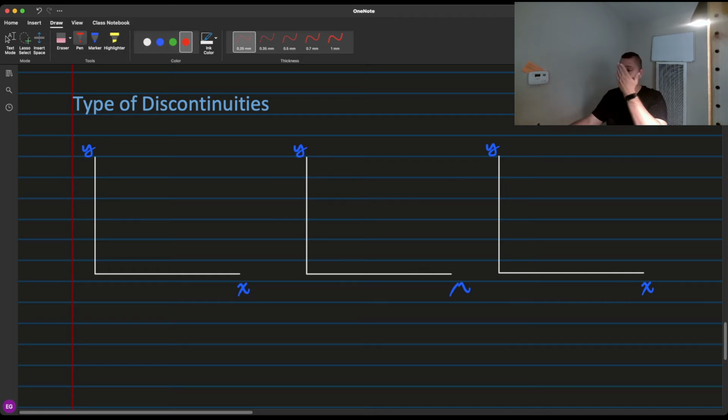Okay, so let's say you have a function that looks something like this. So here's our f of x, and we're always interested in the continuity at a point. We usually call that a, so there's your x equals a.